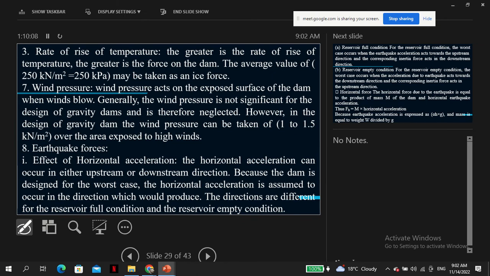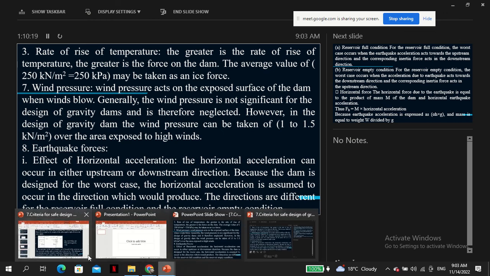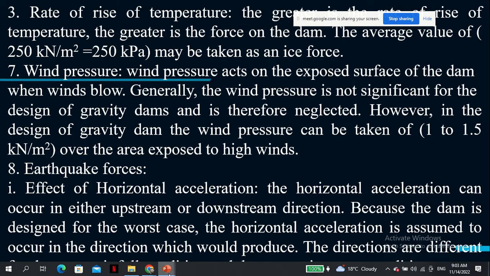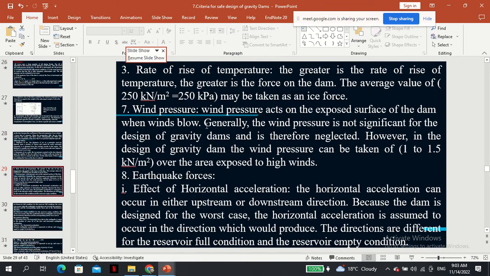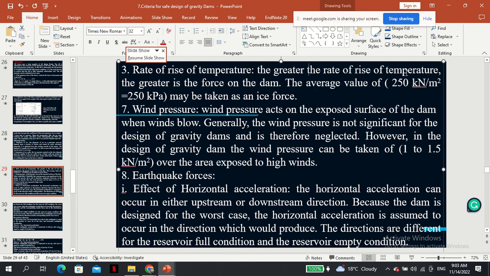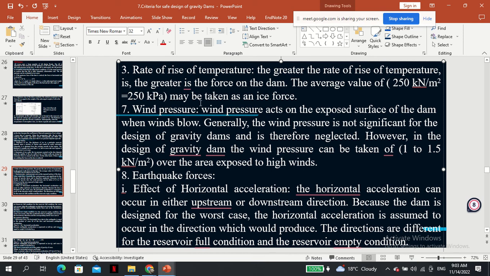Rate of rise of temperature: the greater the rate of rise of temperature is, the greater is the force on the dam.